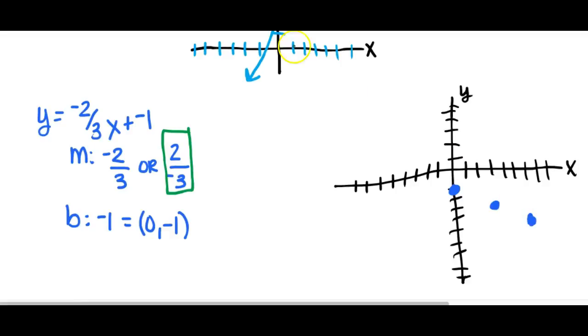Okay, now going the other way, starting from my slope-intercept, if I went up 2, I would have to go left 3, and I'm so sorry. When I was doing this, it was supposed to be down 2, right 3. Miss Curtin does remember the difference between left and right. So 1, 2, and then 1, 2, 3.